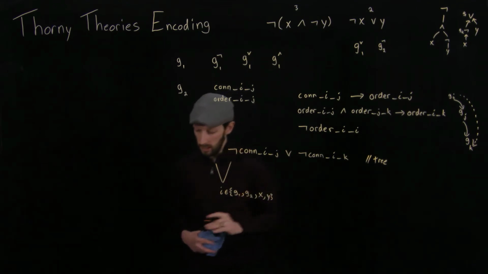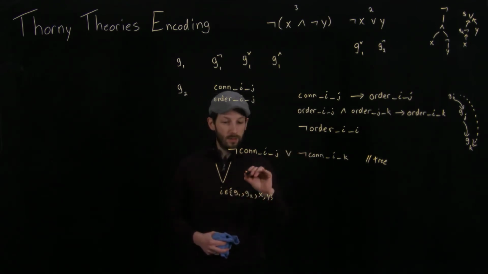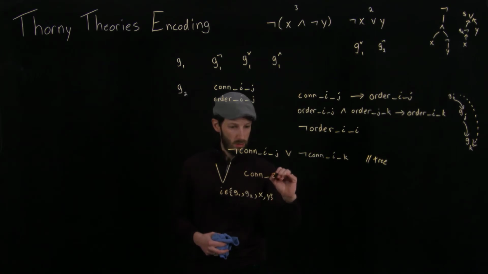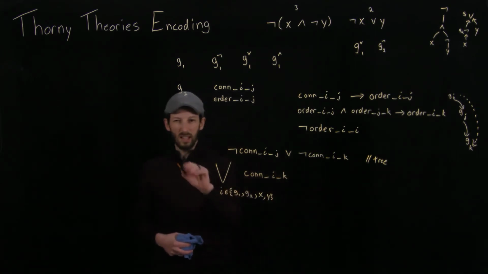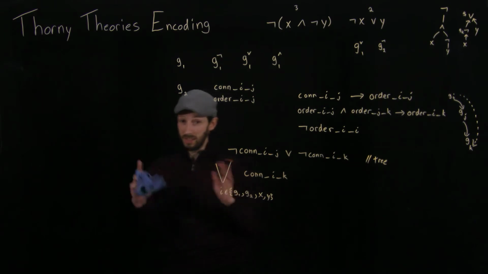So for all of these, we have a big disjunction that says there's some connection to I, K, right? And so this is, I'm going to use universal notation just to describe, it might be a bit confusing because we have predicate logic. This isn't predicate logic.